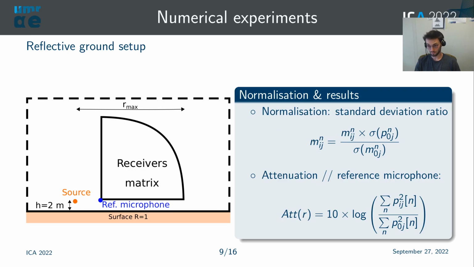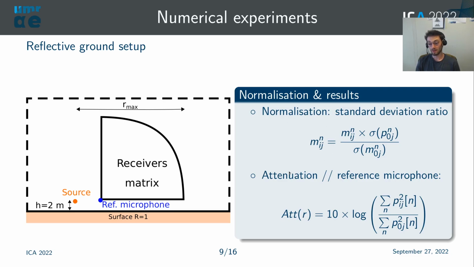Then we normalize all these microphones with the standard deviation ratio, because we compare all the signals to an analytical solution, and we want to be sure that for the first microphone the energy received from the source is equal to the analytical solution. That's why we normalize.